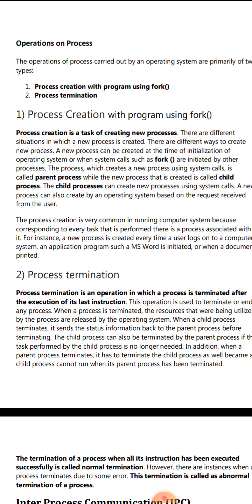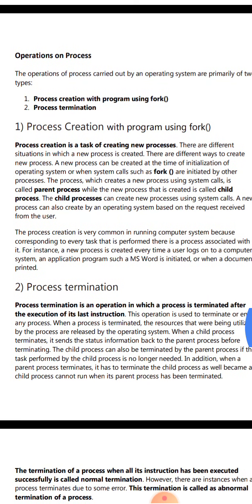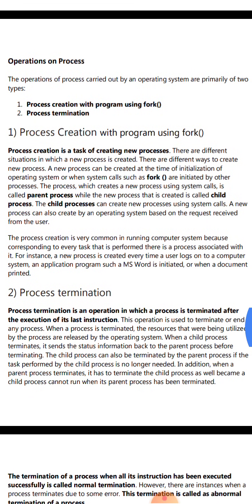Fork system call is applied on the parent process and it generates the child processes. Then the second one is process termination. Process termination is an operation in which a process is terminated after the execution of its last instruction.